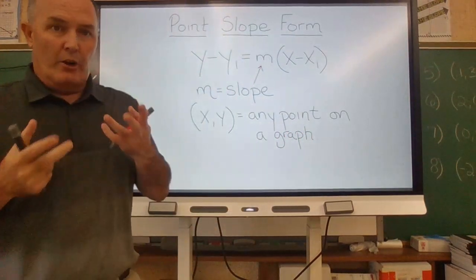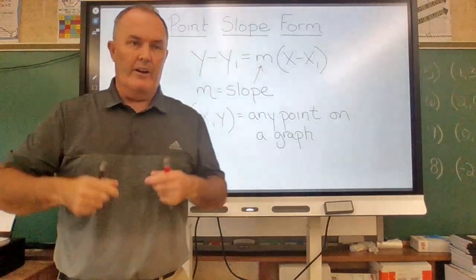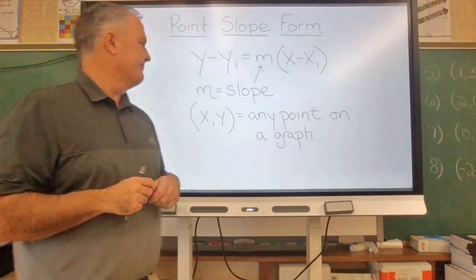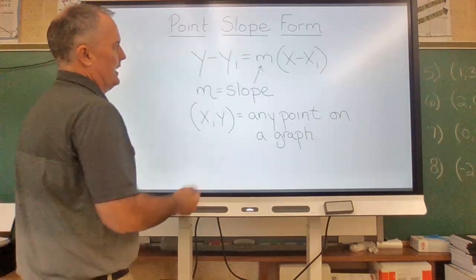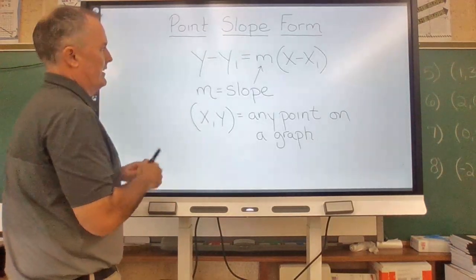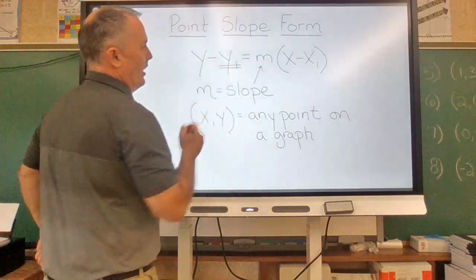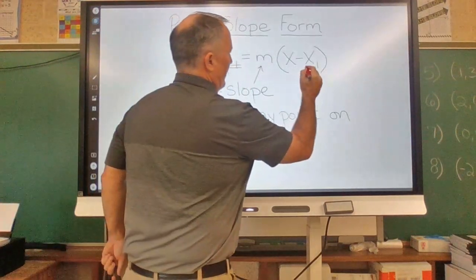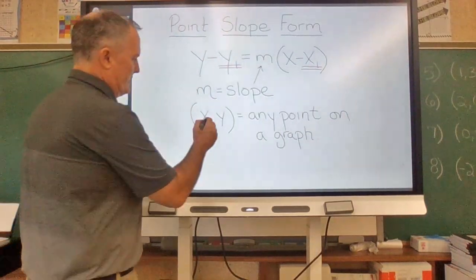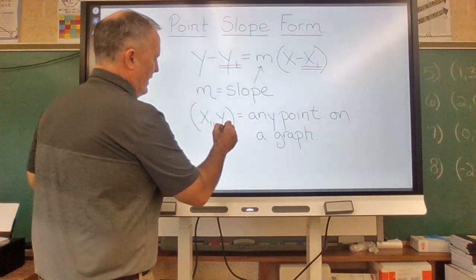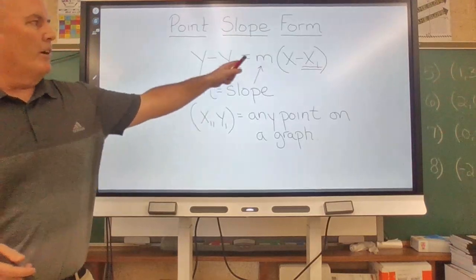Now, obviously, when we mean on a graph, we're talking about the actual line on a graph, not the graph in general. All right, so those 2 things. Now, these 2 points, you'll plug in with your y1 and your x1. So I guess we can say this is your x1 and your y1. And we're going to plug those 2 points in.